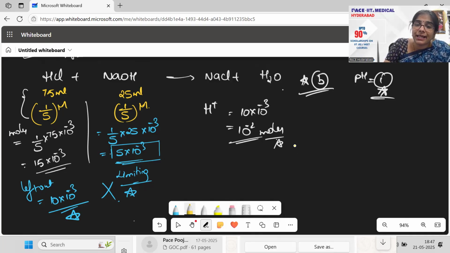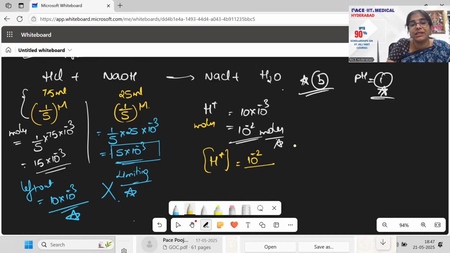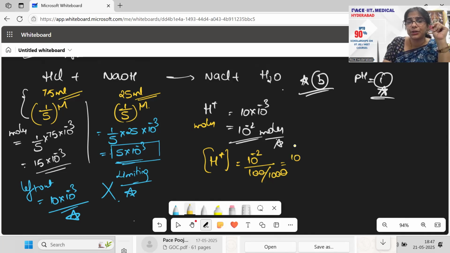Okay. Now, once I get my H plus moles, I would write H plus concentration, because concentration is moles by volume. 10 to the power minus 2 moles by volume. Volume is how much? 75 ml plus 25 ml, all of this together, right? When all of this is put together, it is 100 ml altogether in my solution. 100 by 1000 रखना पड़ेगा, because it is ml given to me. I need to convert it into liters there. So this 10 goes up, then it is 10 to the power minus 1 moles per liter, or this much molarity.